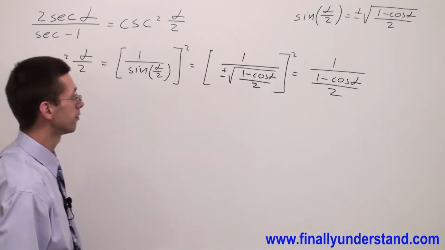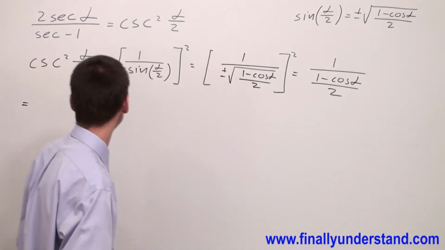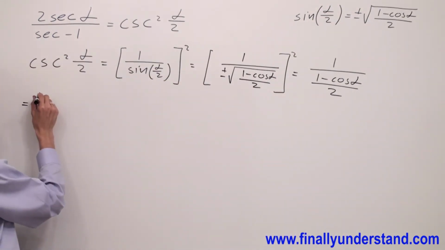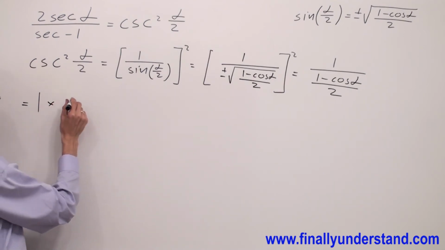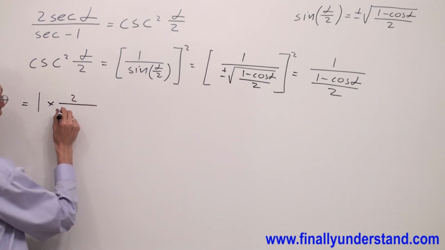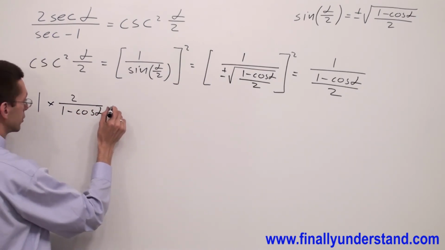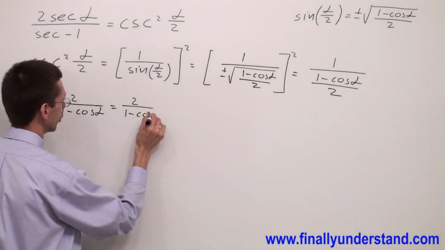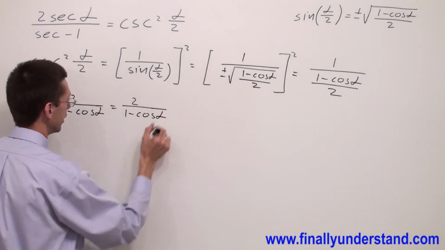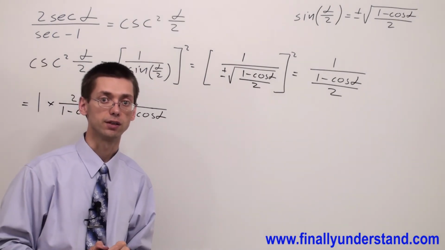Next, we have division. 1 divided by fraction. So what we're supposed to do, we're supposed to convert division to the multiplication. 1 times 2 over 1 minus cosine alpha. This is equal, nothing else, just 2 over 1 minus cosine alpha. Please notice that in the original identity, we have secants.